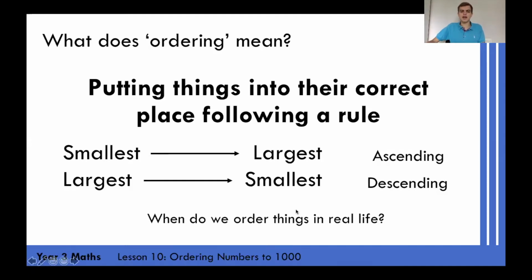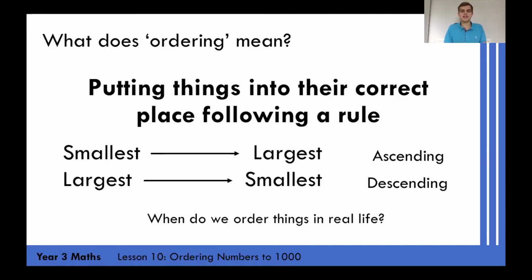Can you think of then some other examples of when you might order things in real life? I've given you the example already of our timetable in the classroom, but can you think of any other times you might have to order things or do things in a certain order? I've got another example in my head that you might have thought of when I'm doing some baking.